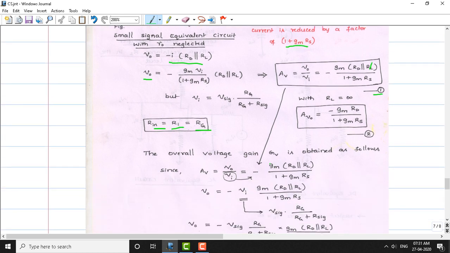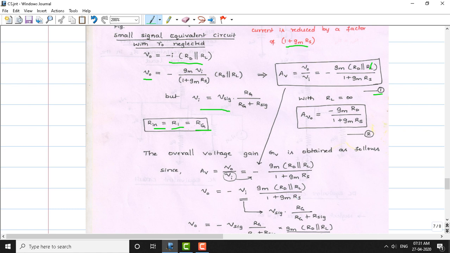Now to obtain the expression for overall voltage gain, let us rewrite the same equation here. AV equals V naught by Vi, which is equal to minus Gm times Rd parallel with RL divided by 1 plus Gm into Rs. If we cross multiply this Vi, V naught will be equal to minus Vi times the same expression. Now Vi can be obtained.